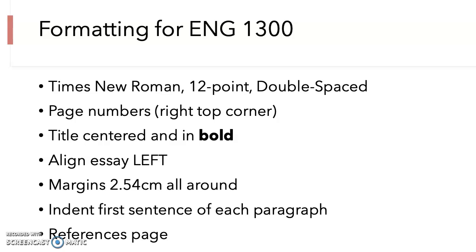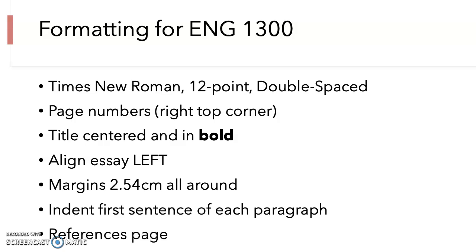Overall, the writing is aligned left, and your margins will probably have to be reset to 2.54 centimeters all around the paper. You should always indent the first sentence of each paragraph and again include a references page at the end. We will take a look at an example, a student example of the proper formatting.